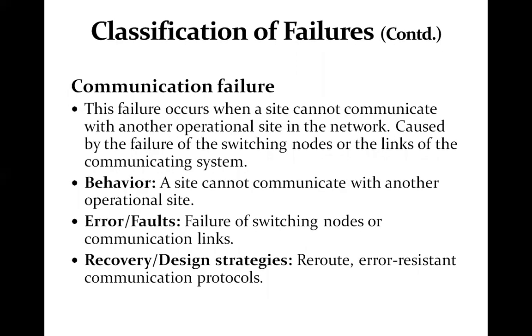The fourth kind of failure is the communication failure, also known as communication medium failure. It occurs when a site is not able to communicate with the other operational sites available in the network. The main cause of the communication medium failure is either the failure of the switching nodes or the failure of the links of the communicating system.